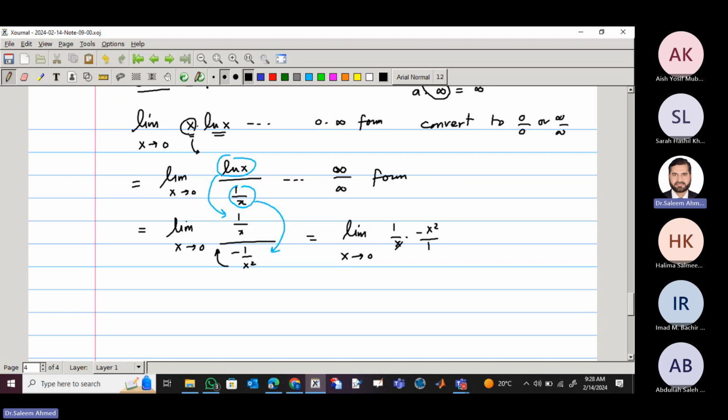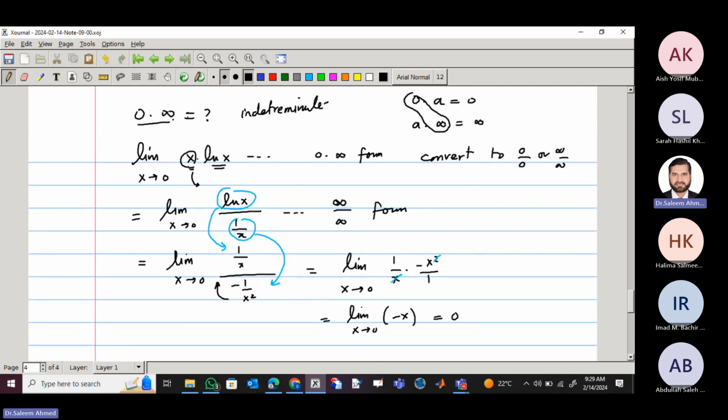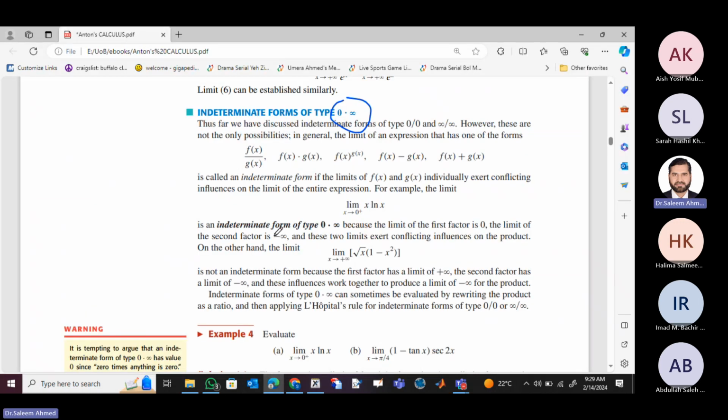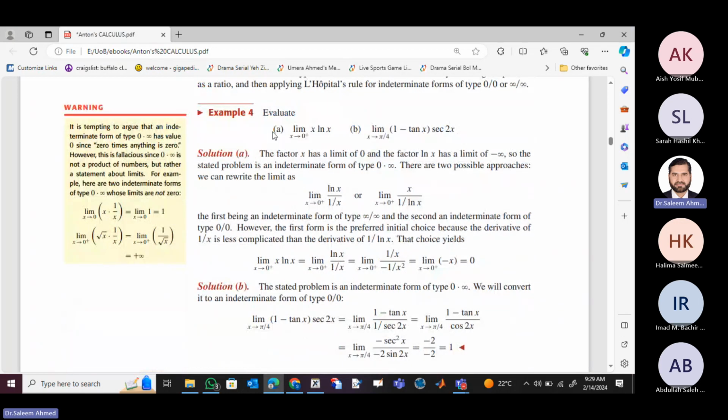And now 1 x is cancelled with the square, so this x is cancelled with the power. So you are left with limit x goes to 0 of minus x only. Now, if x goes to 0, the answer is 0. Before that, I did not know whether this 0 will give me 0 or this infinity will give me infinity or something in between. Because we were not sure, we changed it to infinity by infinity form and did it. Answer is 0.